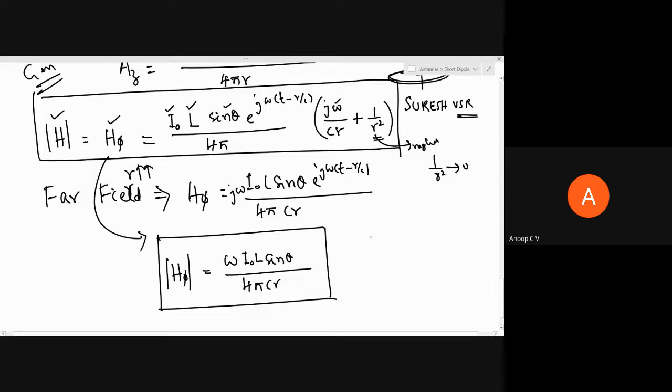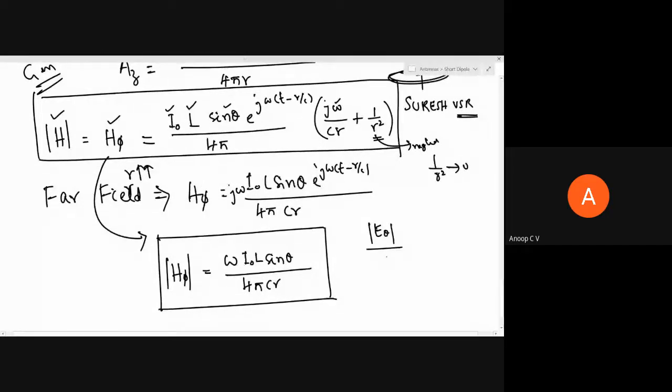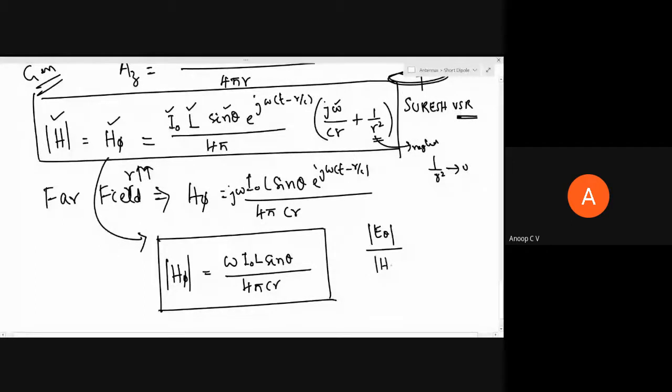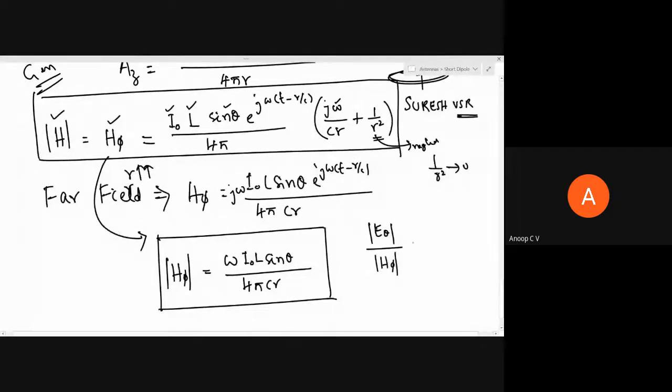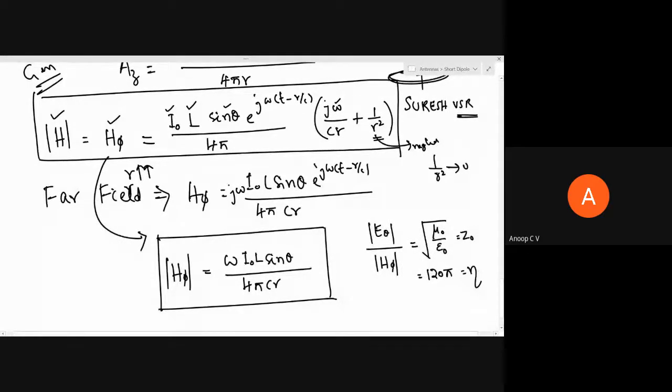Now, if you find the magnitude of the far field electric field and the magnitude of the far field magnetic field, their ratio should equal root of mu naught by epsilon naught, that is Z naught, which is 120 pi, the intrinsic impedance of free space. You can try that out.